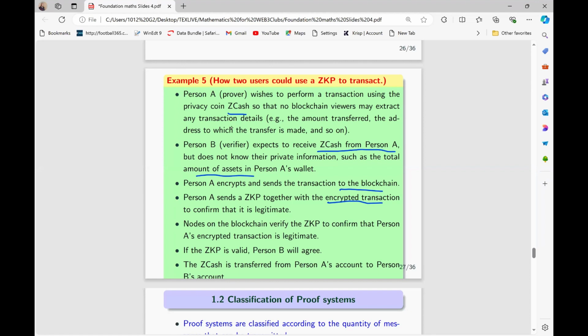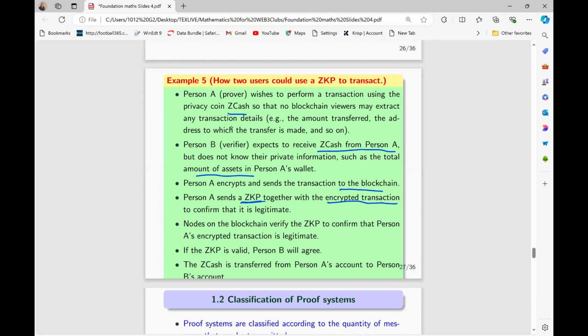He sends this, the ZKP, that is a zero knowledge proof, together with the encrypted transaction to the blockchain. And why is he sending this? He is sending the proof just to confirm that the transaction is legitimate. That is why he's including the proof for the transaction.